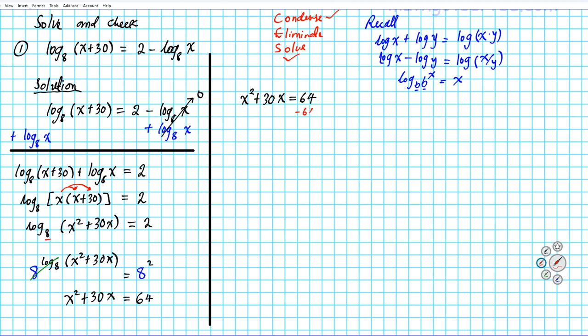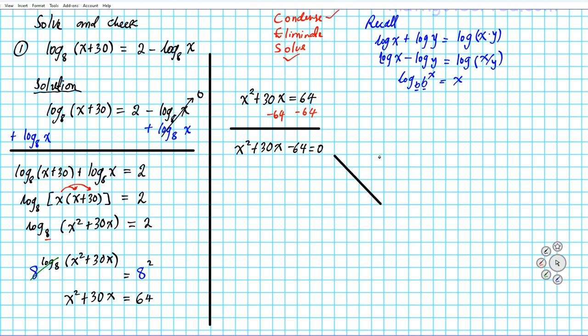So we have to set it equal to 0 with descending order of degree terms. Okay, so when we do that, we're going to end up with the quadratic trinomial x squared plus 30x minus 64 equals 0. Okay, so let's factor using the AC method.